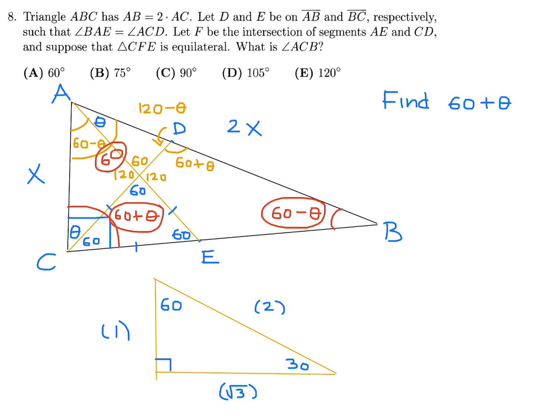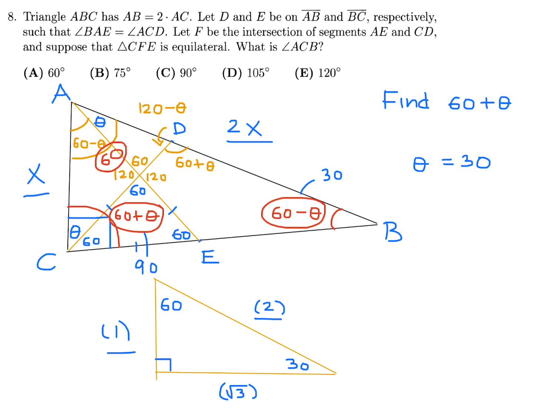So this triangle will match up perfectly if theta is equal to 30. Because if theta is equal to 30, this angle would therefore become 30, and this angle would become 90. And it indeed would match those ratios.